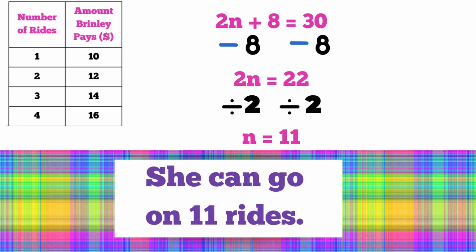And we can then solve for n. The first thing we would want to do is to subtract 8 from both sides. That would leave us with 2n equals 22. Then you could divide both sides by 2 and n will equal 11. So with $30, Brinley can go on 11 rides.